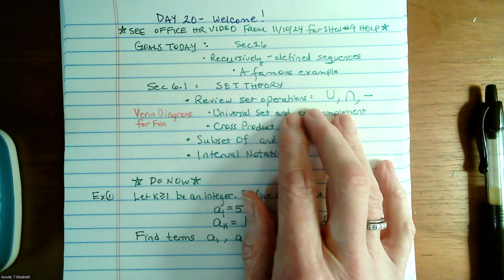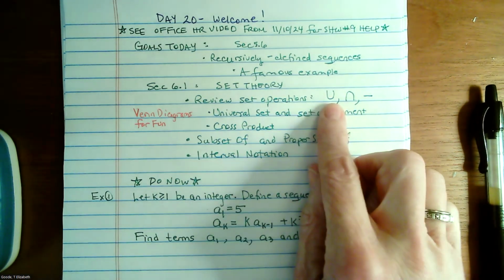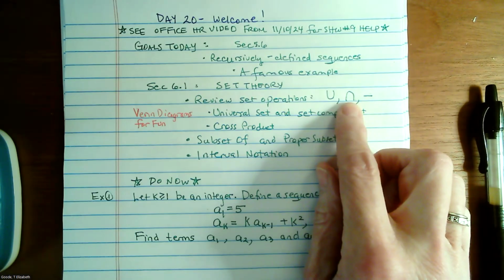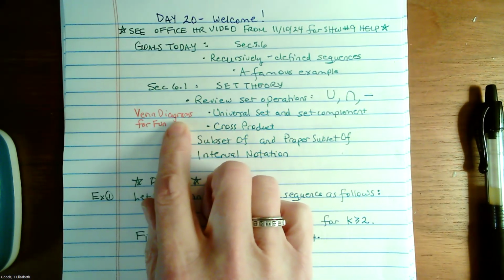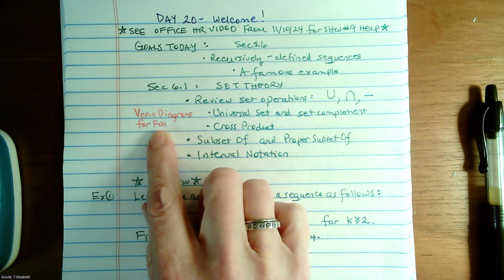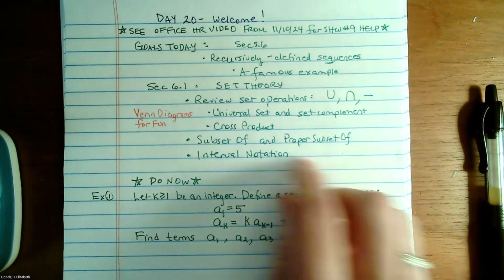And tonight we're going to review set operations. It's been so long since we've talked about sets, right? It was way back in section 1.2, like the first and second days of class. So we're going to review set operations, the union, the intersection, and the set difference. And then we're going to look at some Venn diagrams just for fun. Those won't be on the test, but they're very helpful in understanding set operations.